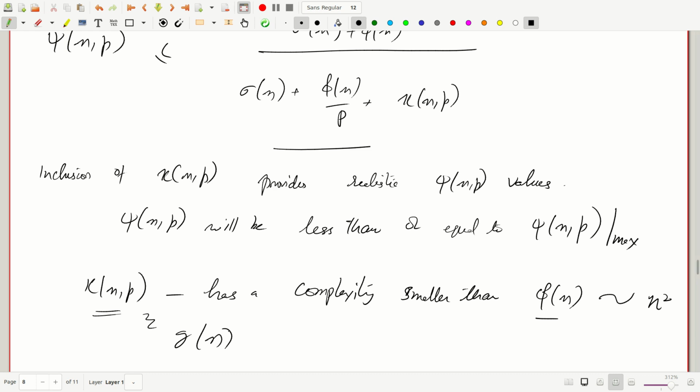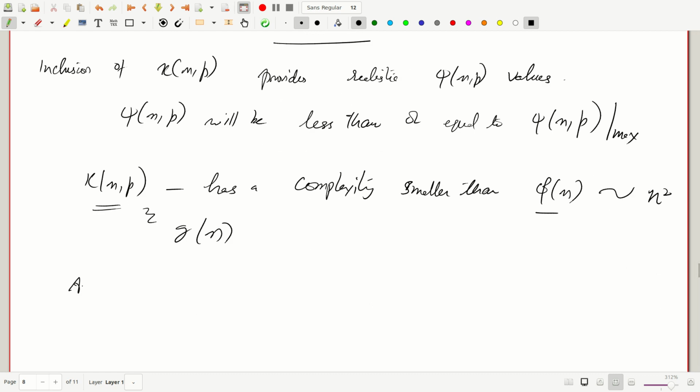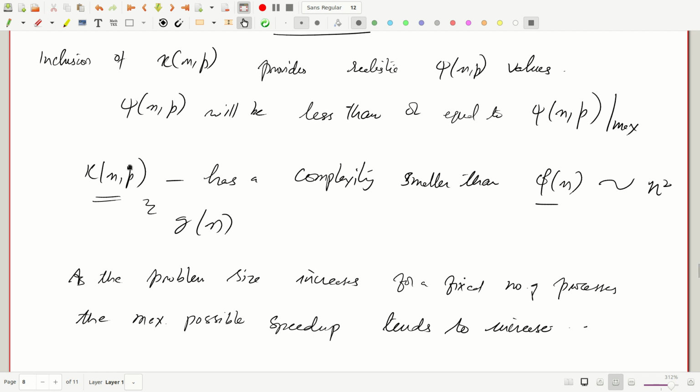So as a consequence of this, as the problem size increases for a fixed number of processes, the maximum possible speed up tends to increase. So what we say is that your kappa of n comma p has a smaller complexity.